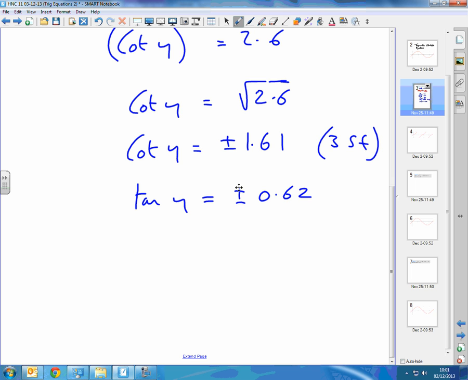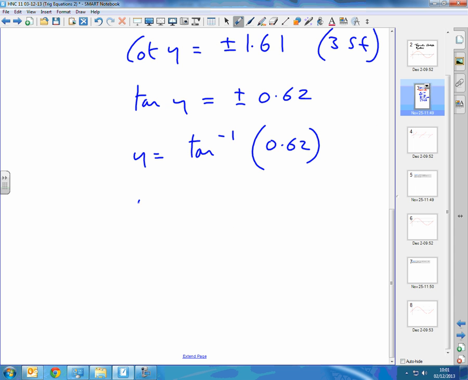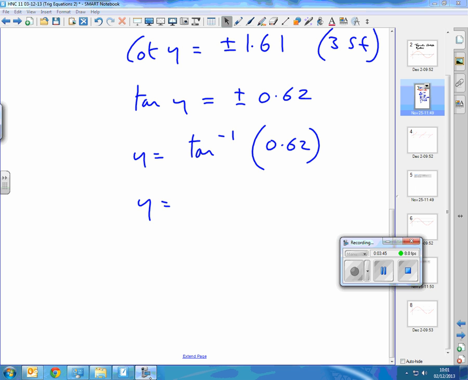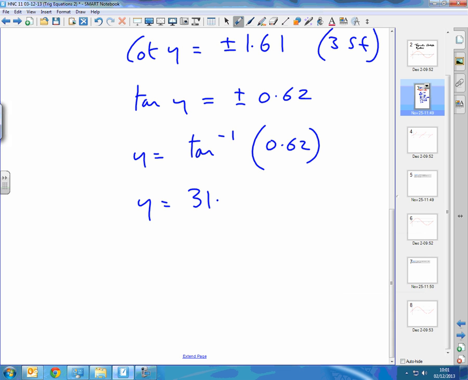So y equals the inverse tan of 0.62. y equals 31.8 degrees.